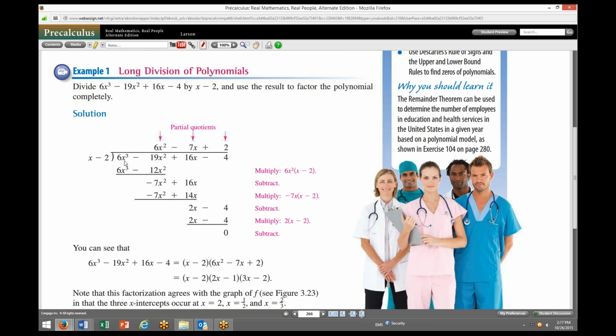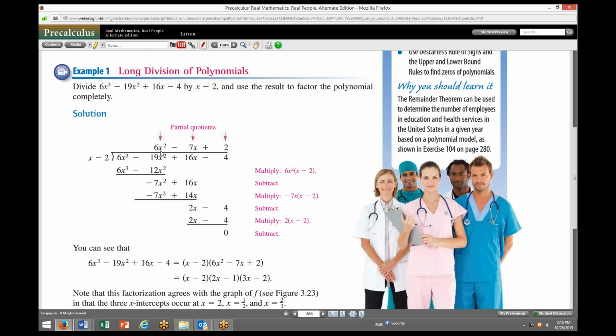So 6x to the third divided by x is 6x squared. And you write that up on the top. These are what we call our partial quotients, each of these terms up here. And now we come back and multiply the 6x squared times the x and times the minus 2, just like we would have done if these were digits in long division.